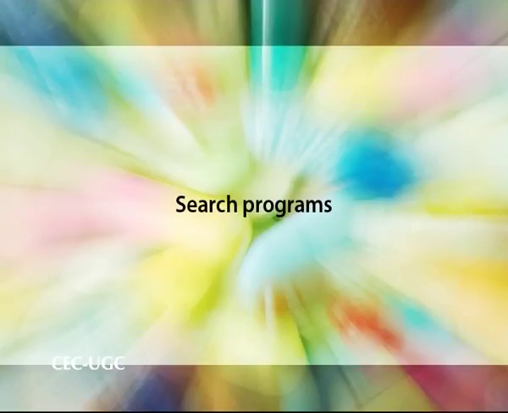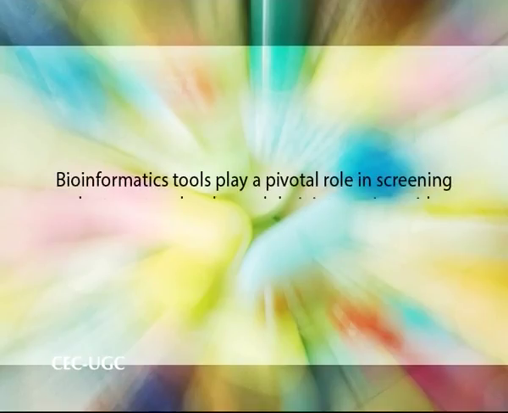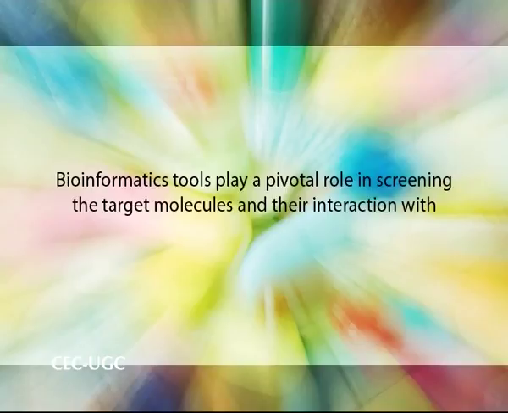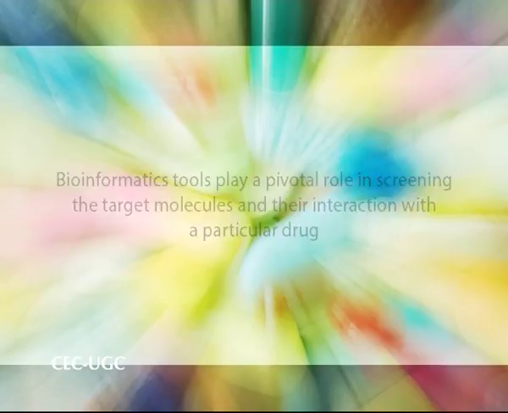Search programs. Before starting laboratory-based screening experiments, it is always better to generate as much information as possible about potential drug-target interaction. Bioinformatics tools play a pivotal role in screening the target molecules and their interaction with a particular drug.